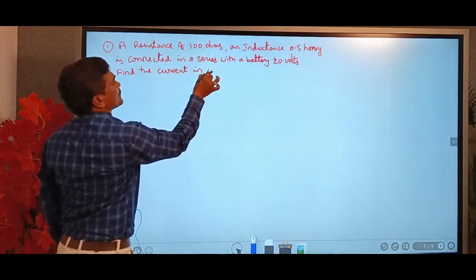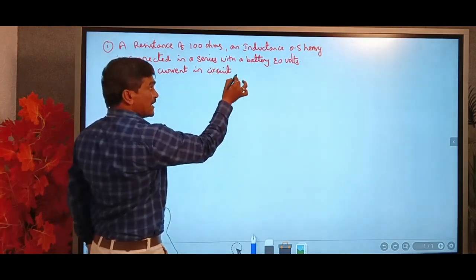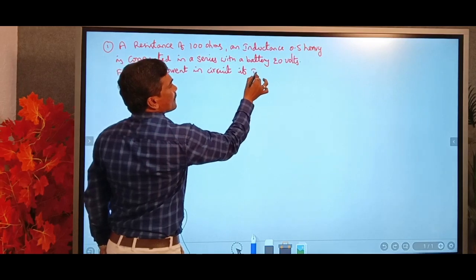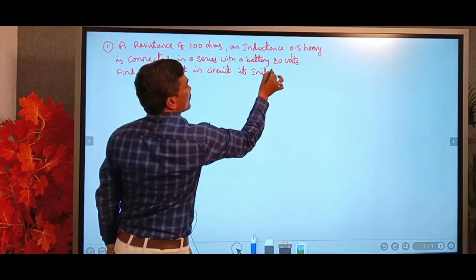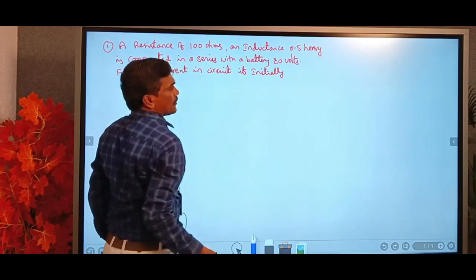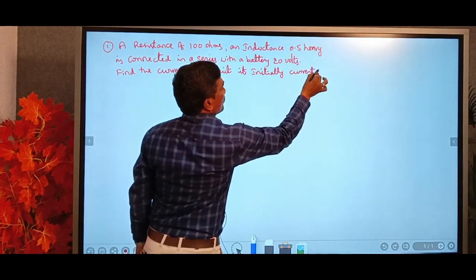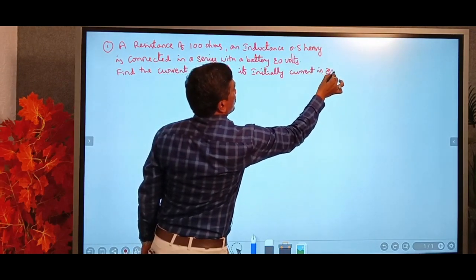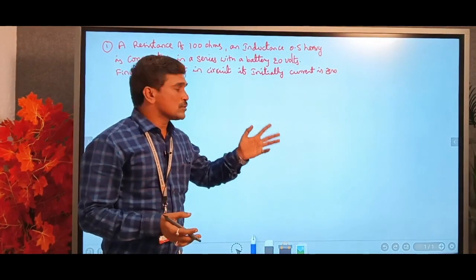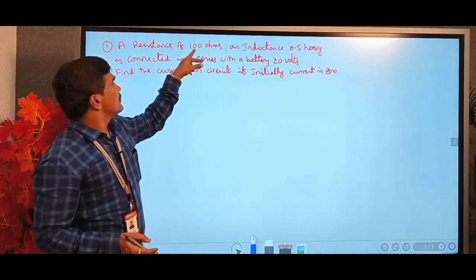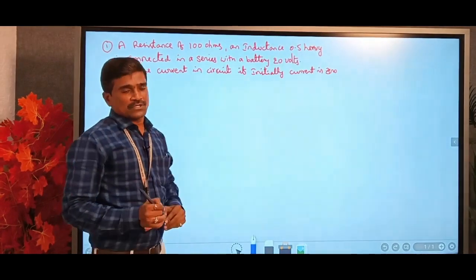In the circuit, if initially current is 0. Initially current is 0. If initially current is 0, then what is the current with the resistance and inductance connected with the battery of 20 volts, right?